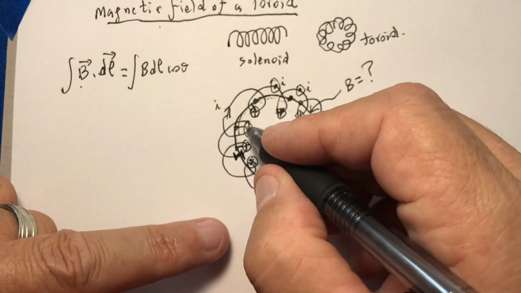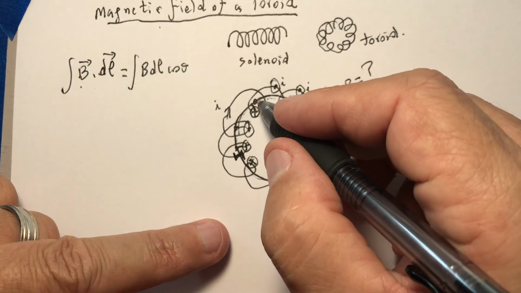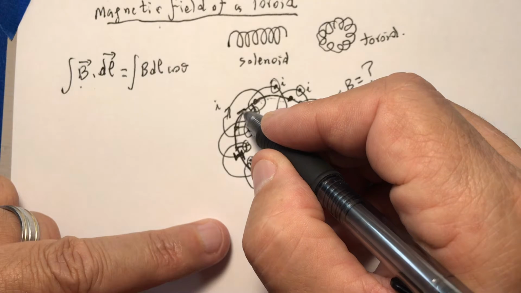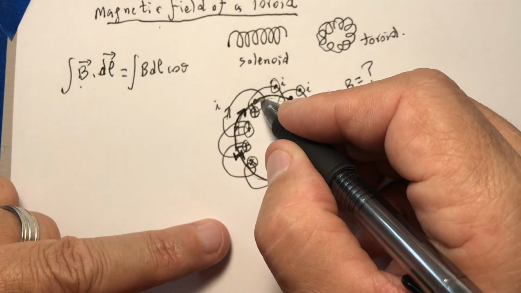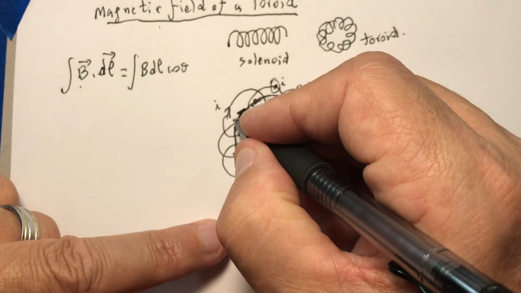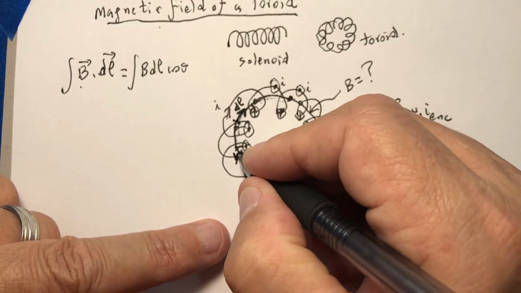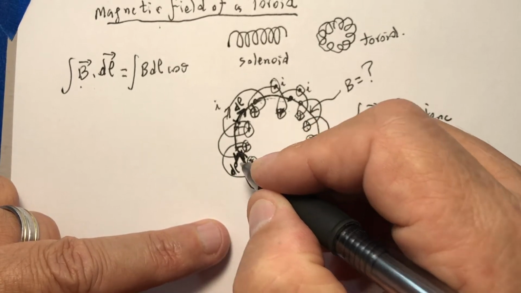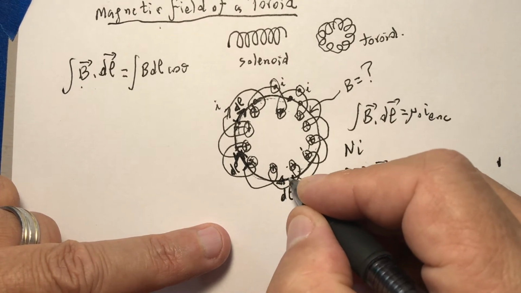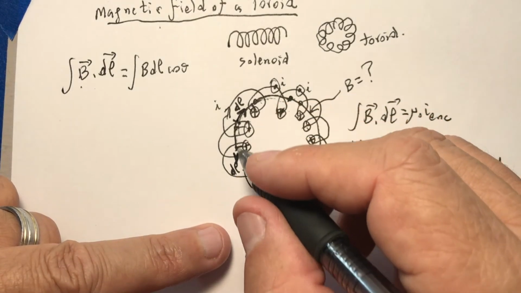I have to be careful here. This is the Ampere loop, so I'm going along the Ampere loop. I take this section here, put it dl. You can choose this section here, dl. You can choose which dl you want.